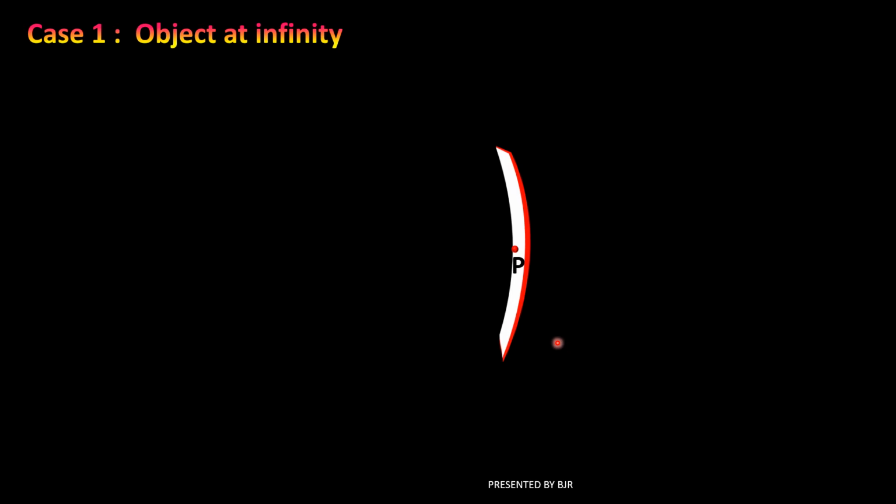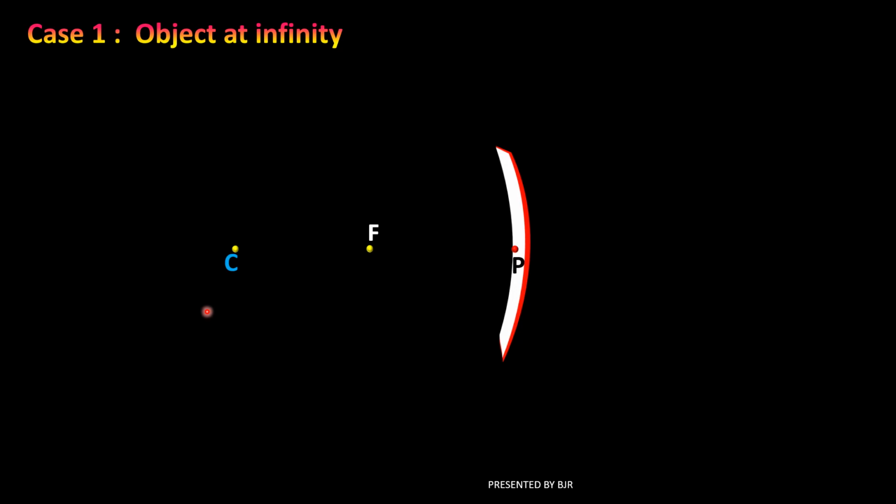P is the pole, and here is the point C, center of curvature, and F is the focal point. Imagine that I am showing this concave mirror towards a distant object like the sun, trees, etc.